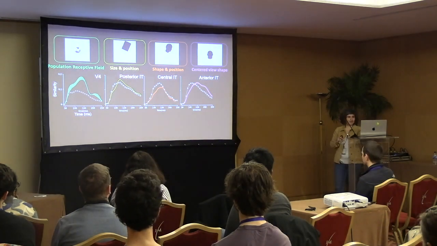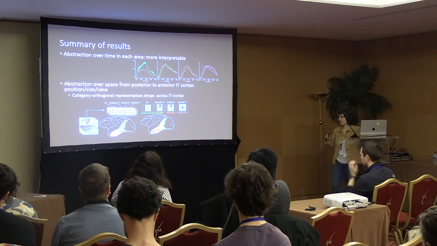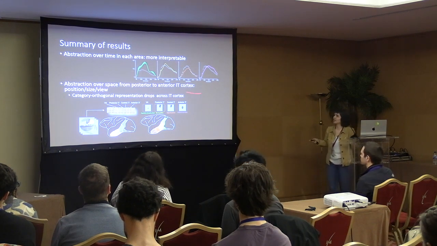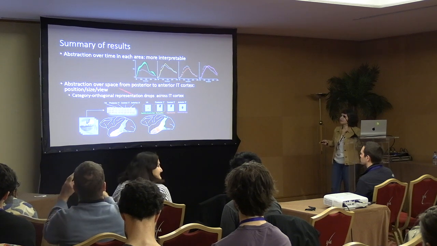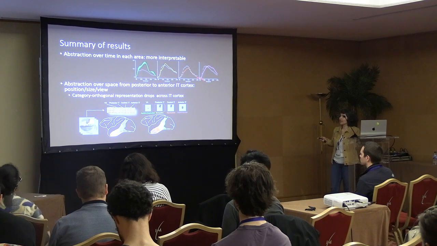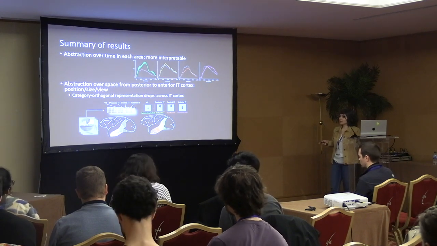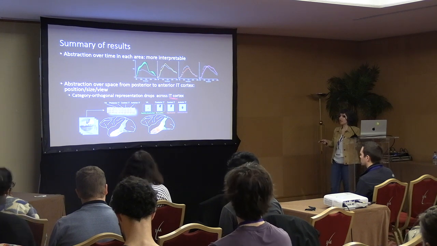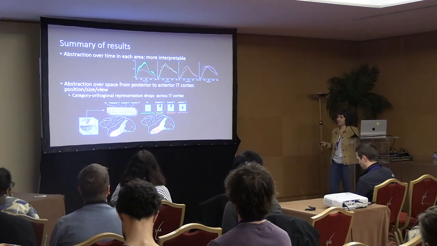So yeah, okay, cool. This is the summary of the things I wanted to share for today: using this method, we gain insight into the abstraction over time that happens in each of these brain regions, and also abstraction over space for the whole object processing, compared to the standard DNN approach for the brain.